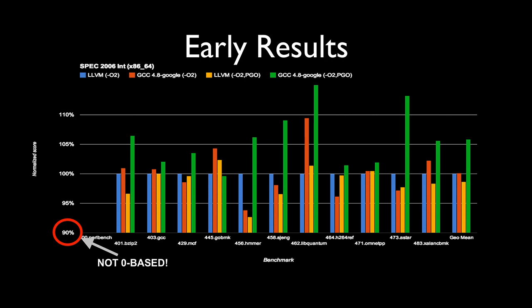And the blue bars are baseline O2 performance on LLVM. This is not on scale, guys. There's no zeros here. The differences are actually 2 to 7%, so don't read too much into the height of these bars. But you see that sometimes profiling is even worse than O2.